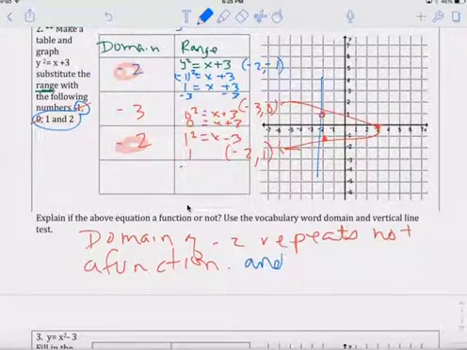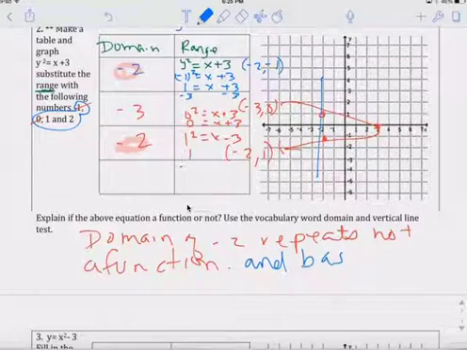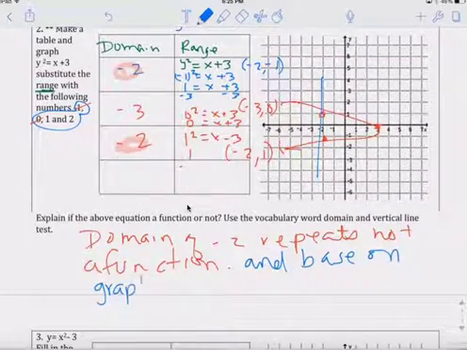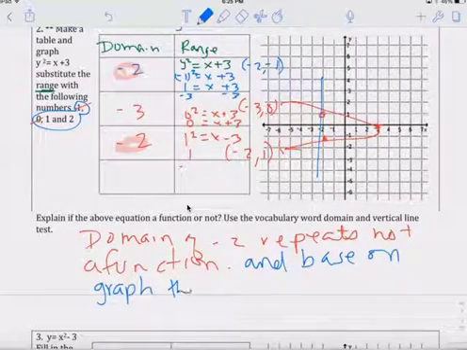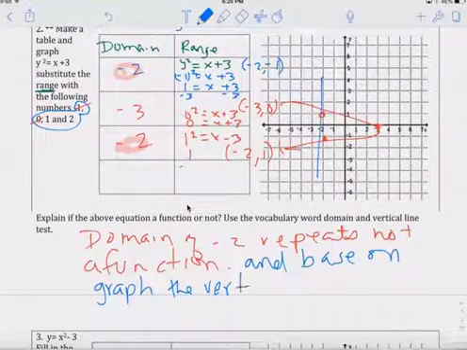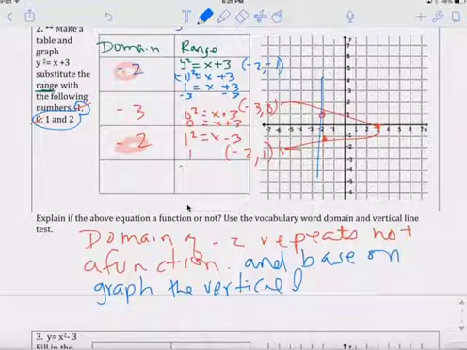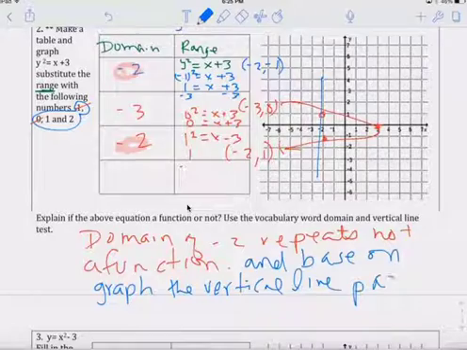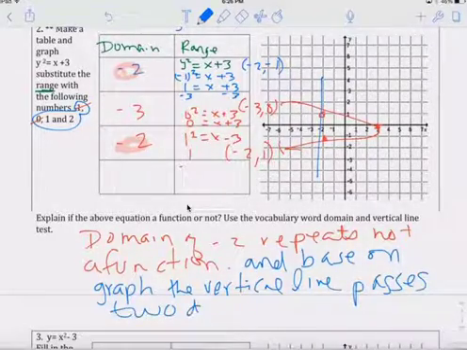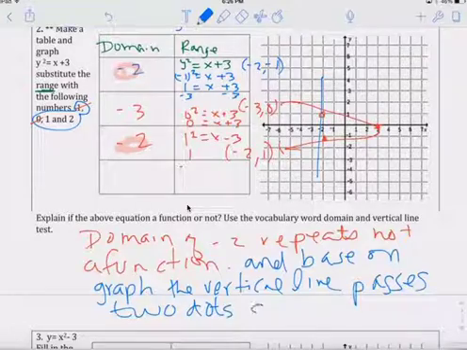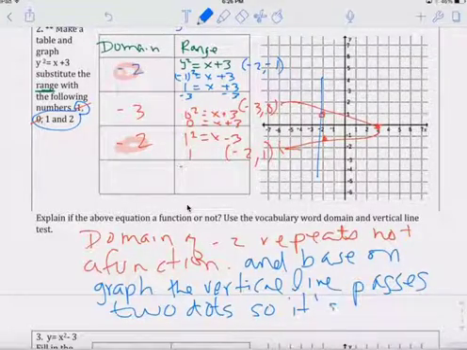And based on the graph, the vertical line passes the 2 points. So therefore it's 2 points, 2 dots. Therefore it's not a function.